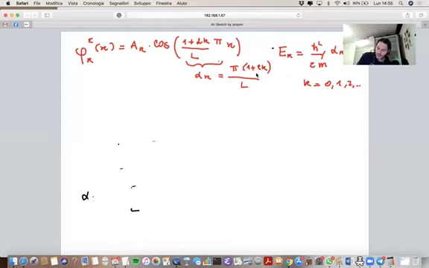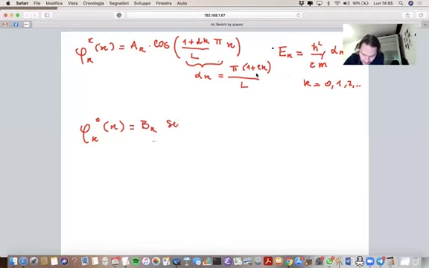We also discussed a family of odd solutions, which were obtained in a similar fashion, but this time these are in the form b k sine of beta k x.